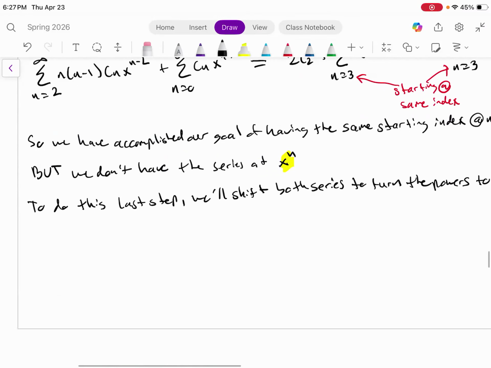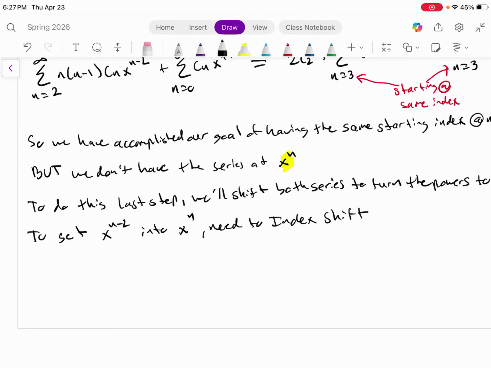Okay, so to get x to the n minus 2 into x to the n, we need to index shift. So we would need to add 2 within the series and subtract 2 from the index.